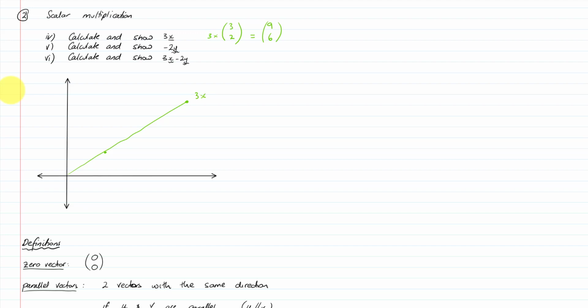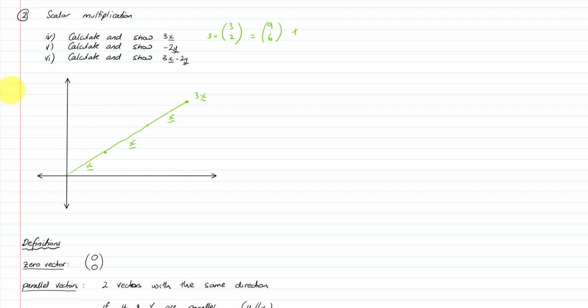This is 3x, because this is x, and this is x, and this is x. You'll notice here that a scalar multiple doesn't change the direction, but it does change the length. It multiplies it by a factor of 3 to make the vector 3 times longer. And that's all that happens. That's what it looks like on a Cartesian plane.